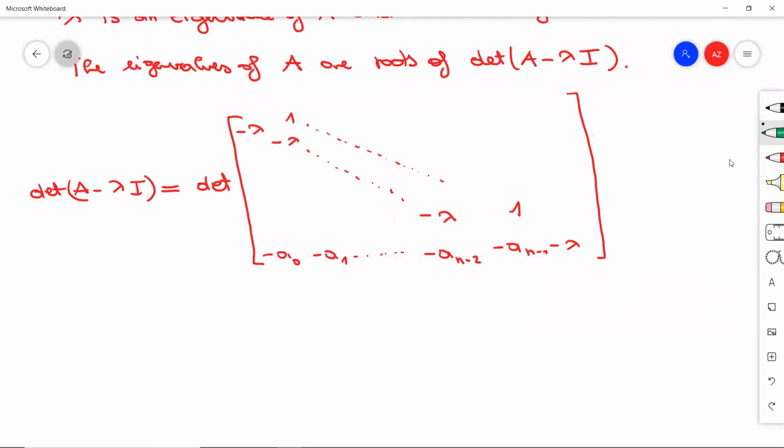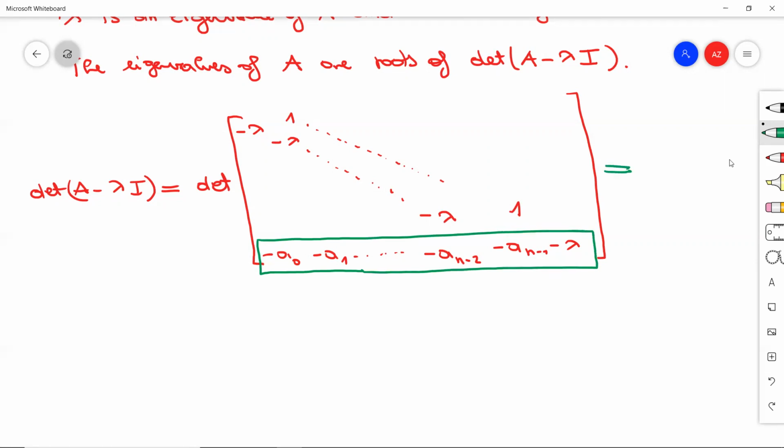You said before that you know how to compute a determinant with respect to a row or a column. Which row would you choose? Yes, it's most convenient to take the last row, because then what remains is always diagonal. So let's compute this determinant with respect to the last row.